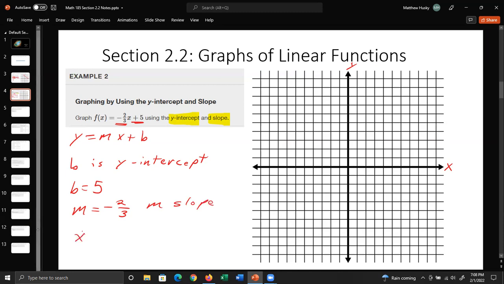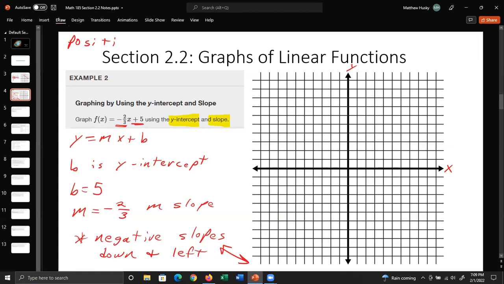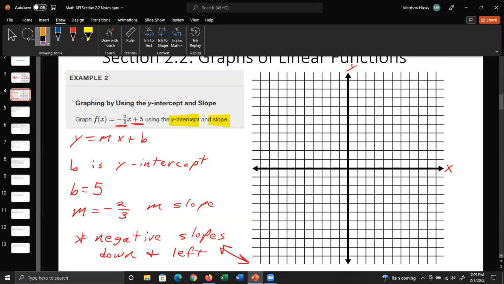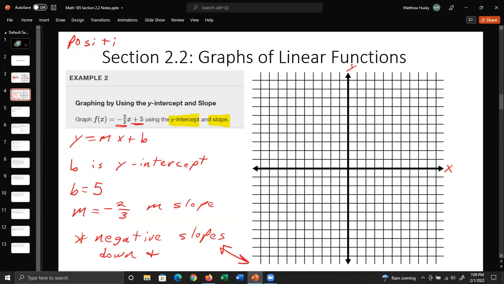Fun fact, negative slopes go down and... I'm sorry, you're going to go down and to the right.